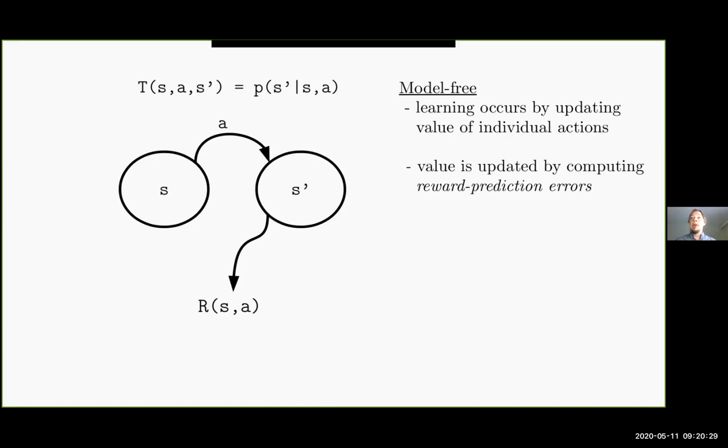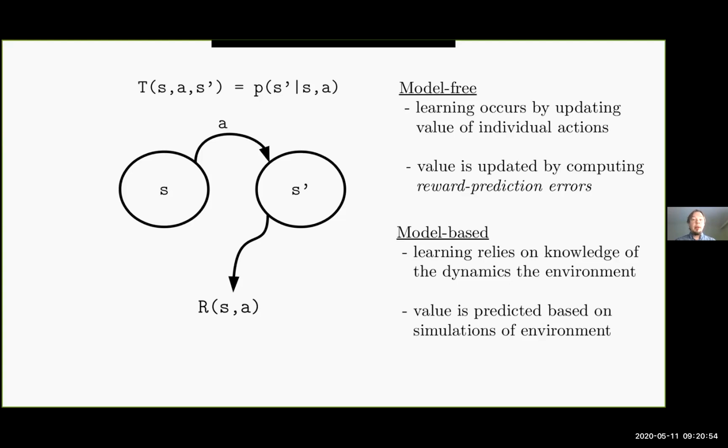And this happens by computing reward prediction errors. So while being in state S, the agent makes a prediction, what's the value of taking action A here. Then the agent observes the reward, computes how wrong it was in this prediction, and updates the value. Thus, it learns.